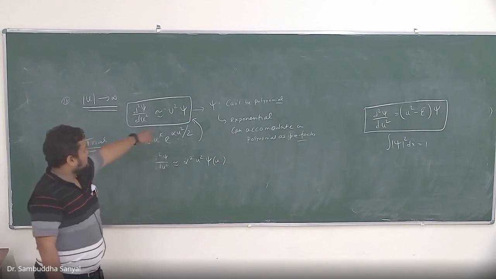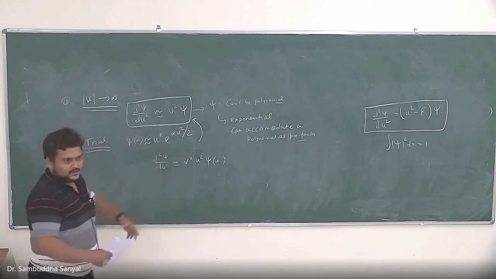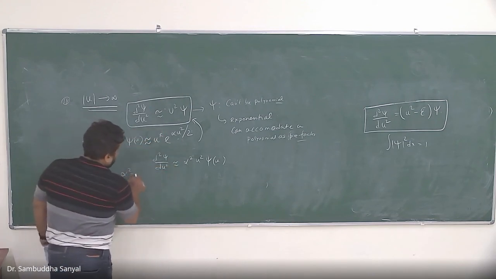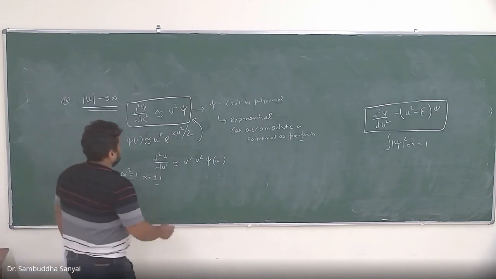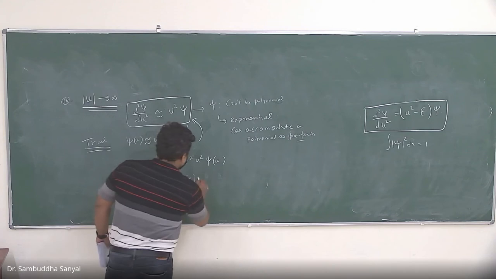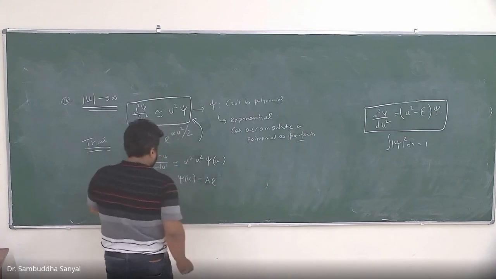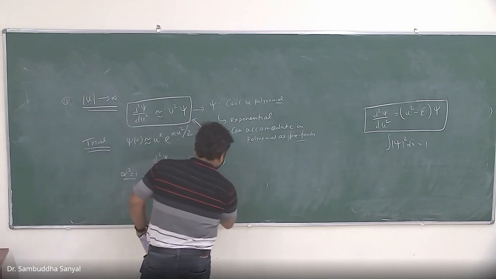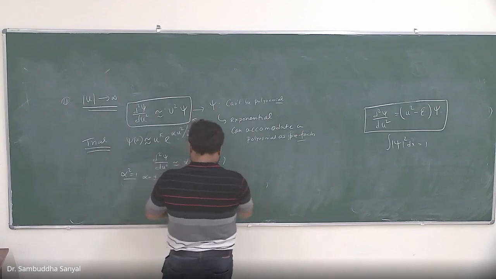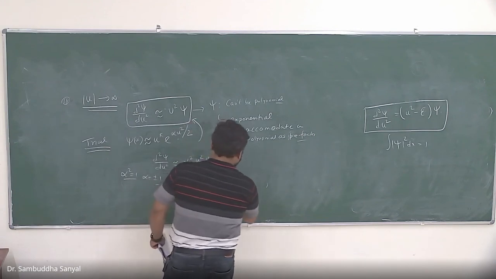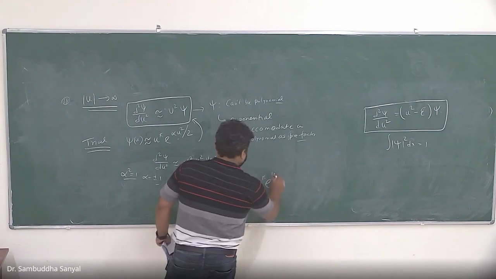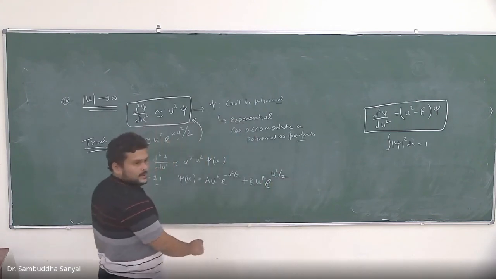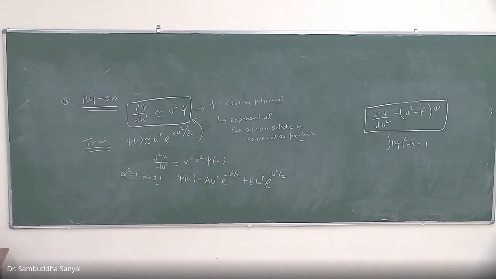But you started with something that didn't have alpha, so that means alpha square must be equal to 1. So alpha must be equal to plus or minus 1. Then the psi of u must be a u to the power k e to the power minus u square by 2 plus b u to the power k e to the power u square by 2. This must be the structure of the solution.